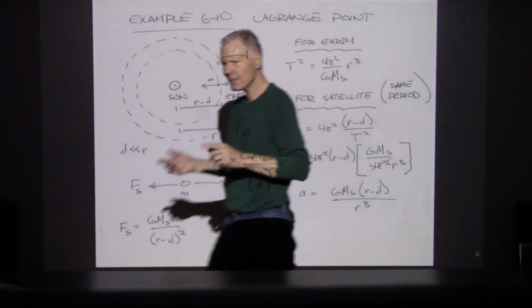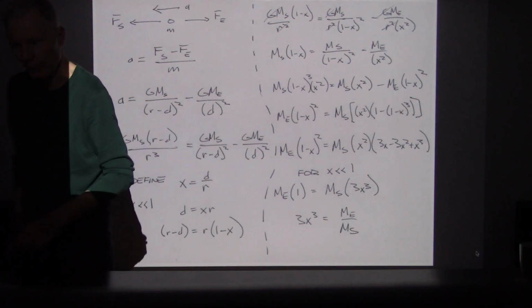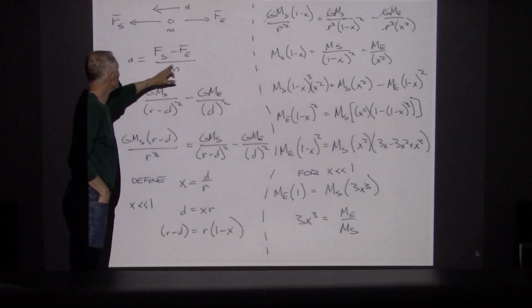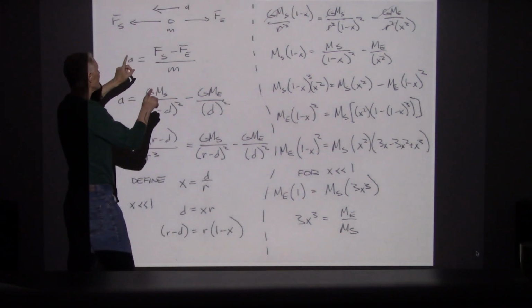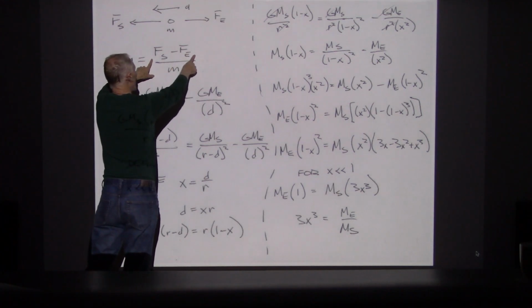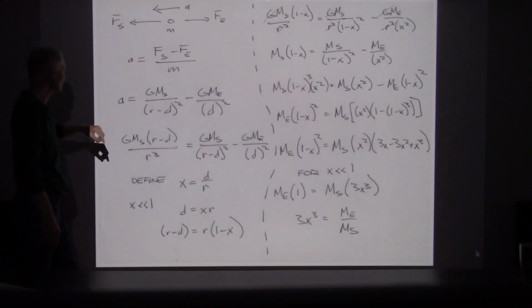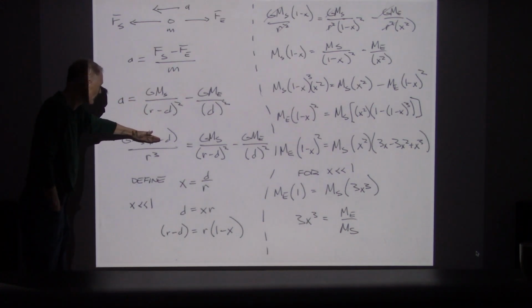So that minus d is going to change our numbers a bit here. So here's what the setup looks like in terms of these forces. I'm writing down from the previous page, force of the sun minus force of the Earth in terms of the direction of the acceleration. So I've written those down. There's a bunch of algebra taking place here.